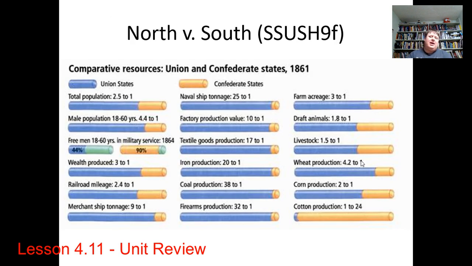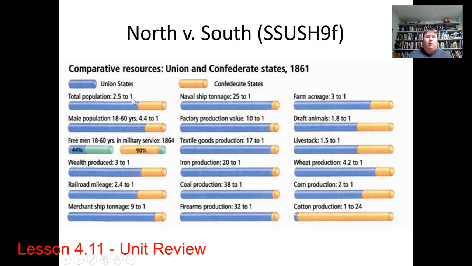Don't forget about North versus South in terms of comparative resources. We call this economic disparity. Also, we refer to this as industry versus agriculture. You can see very plainly looking at these numbers here, the Union has the advantage in just about every possible way. I mean, 2.5 to 1 in terms of a ratio in total population.